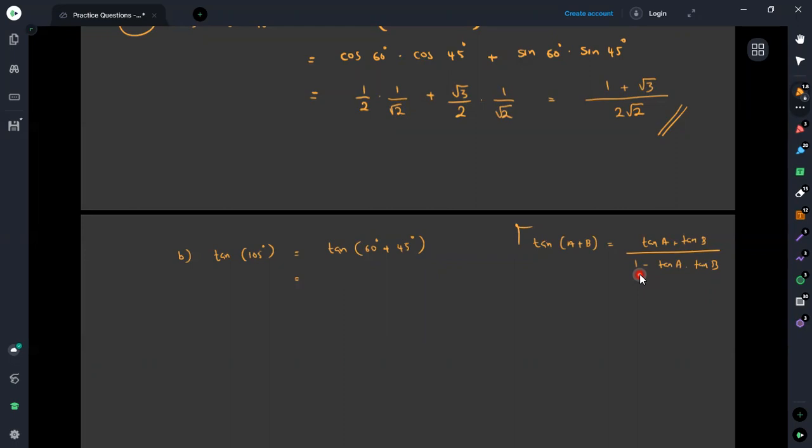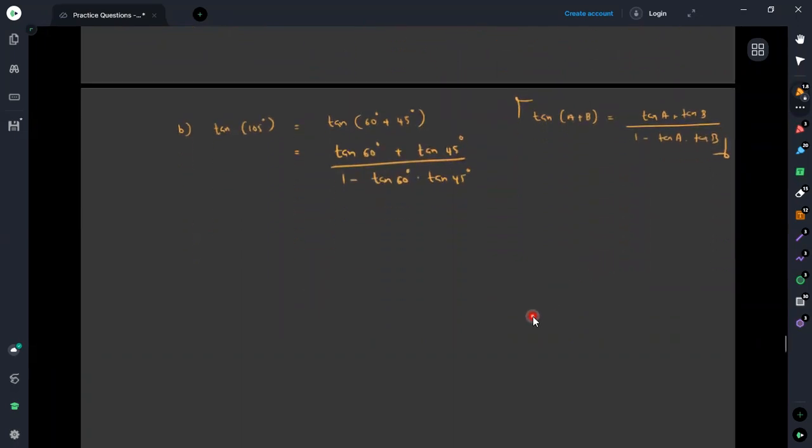Applying this equation and substituting the values accordingly, we get tangent 60 plus tangent 45, over 1 minus tangent 60 into tangent 45.